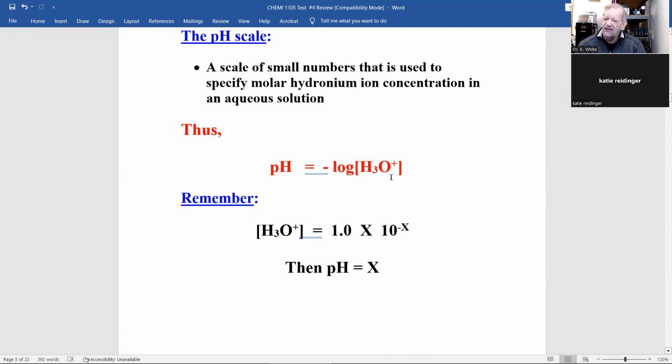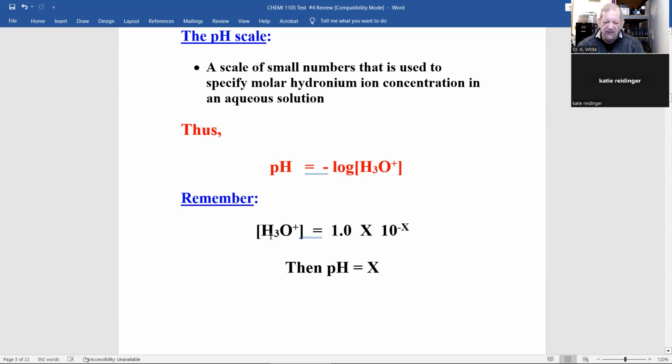Now, I didn't take the time in this course to teach you how to use logarithms on your calculator. I know how to do that, but my special gift to you this semester is: if the hydronium ion concentration is equal to 1.0 times 10 to the minus x, then the pH is x.